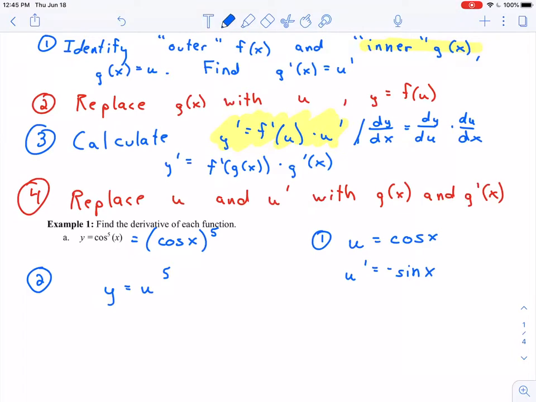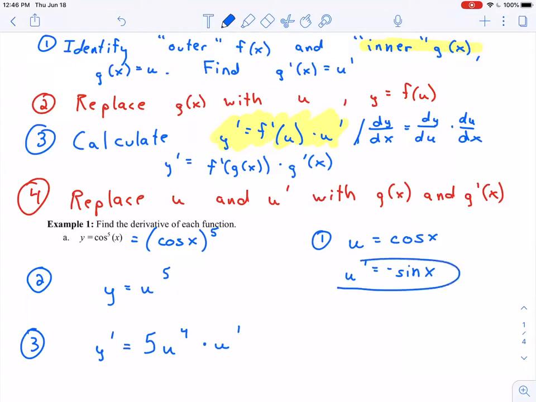So okay, I know how to take the derivative of this, that's good. Third step, I'm going to find the derivative. So y prime, I'm going to go ahead and take the derivative of u to the fifth. We said that was 5u to the fourth power. But then every single time we're going to be multiplying by this u prime. So I always like to just say times u prime. I think that's a little bit easier.